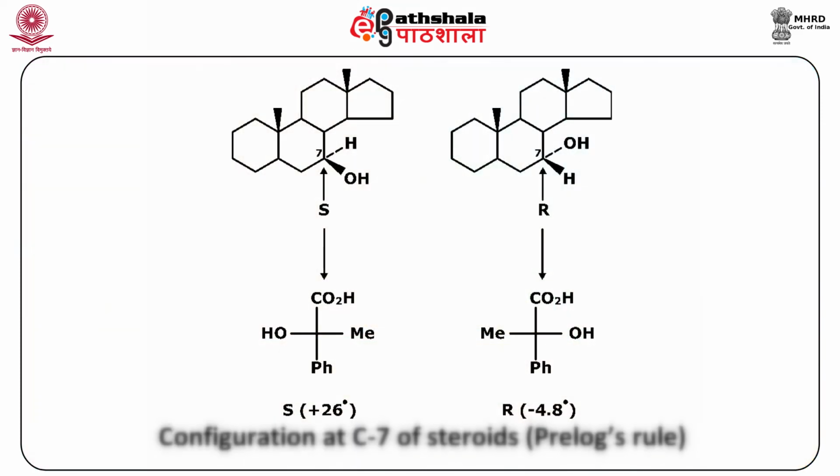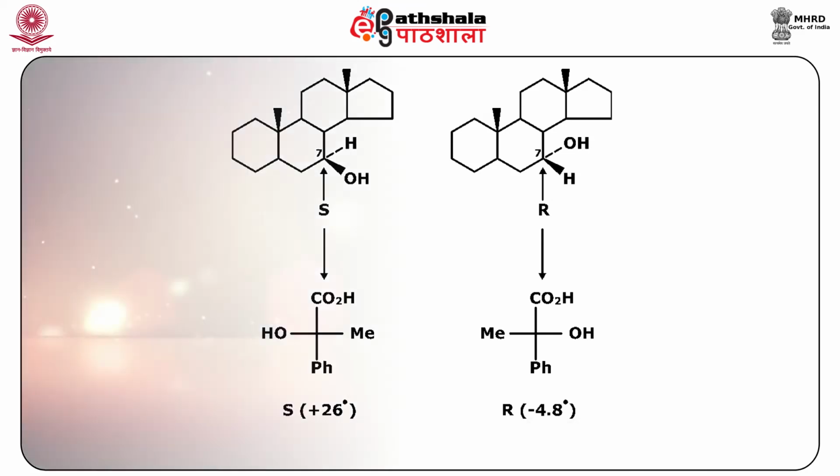Esterification of an alcohol with phenyl glyoxylic acid, Grignard addition of methyl magnesium halide and subsequent complete hydrolysis of the product settles the configuration of the chiral alcohol as R. Similarly, if S plus atrolactic acid is obtained, the configuration of the alcohol is S. This is illustrated with the two steroidal alcohols 7 alpha and 7 beta hydroxy cholestane, figure 10.